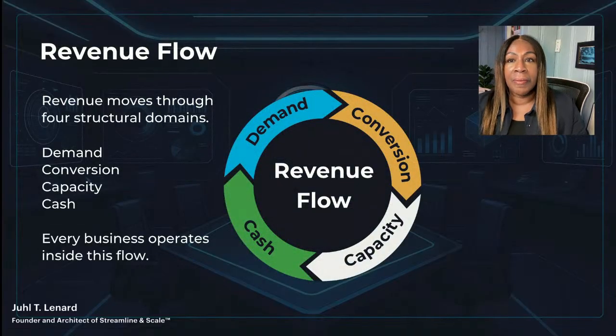Now, the first thing we want to understand and review is that revenue flows through four structural domains: demand, conversion, capacity, and cash. Even so, there is one domain where the constraint originates, and that is the primary domain.